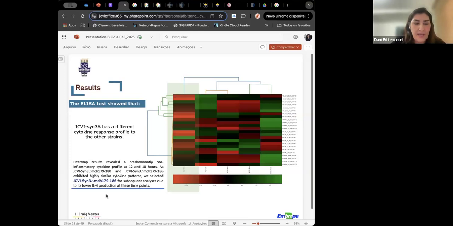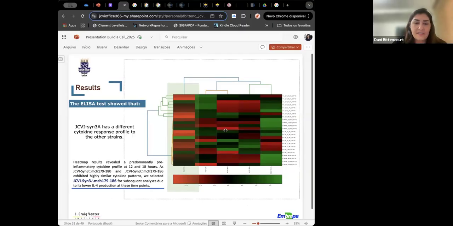this is a heat map of the results from all the cytokines analyzed, from all the time frames. This is mostly for the profile after 12 and 18 hours. So here we have our mutants, which are those guys here, this and this, and the wild type and syn1 clustered together. And it's interesting because syn1 is together with the clones with genes 179 and 80.